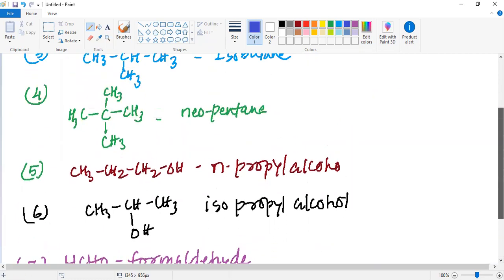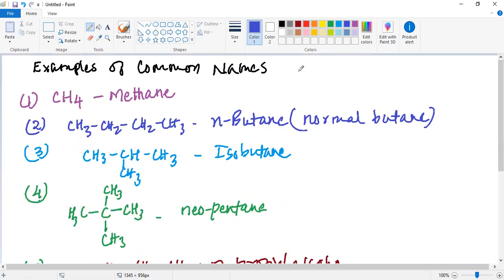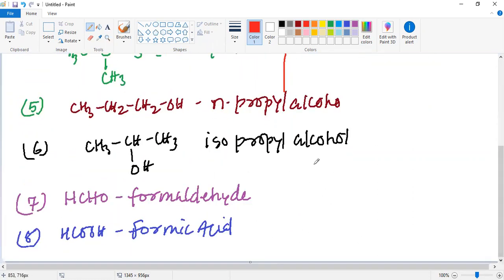Then let us look at some more names. Let me draw some lines so that we can write the other names.